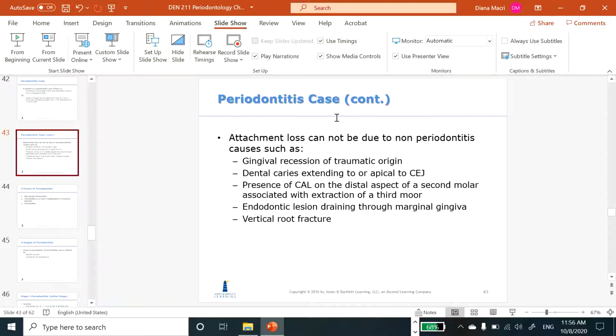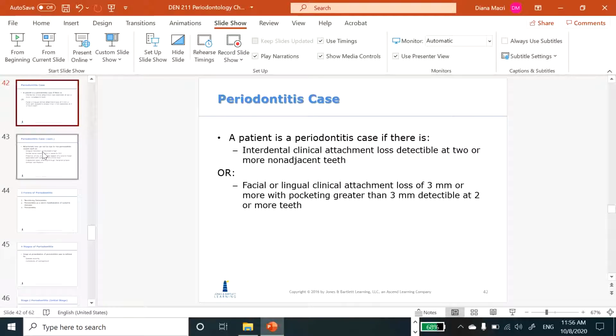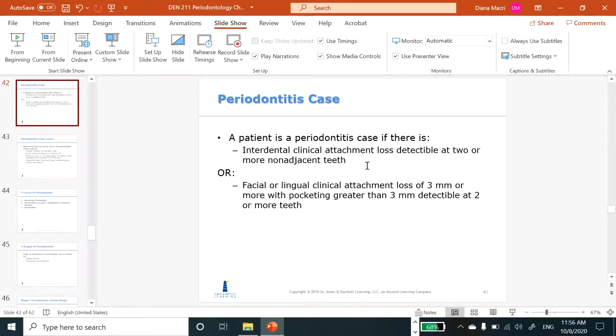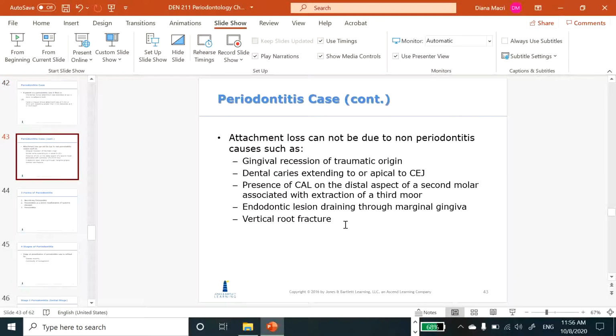What this is telling you is that there is a reason for the periodontitis that has nothing to do with biofilm. So a patient will have periodontitis if they have these qualifications, but not if they have interdental attachment loss at 2 or more non-adjacent teeth due to caries present on those teeth.